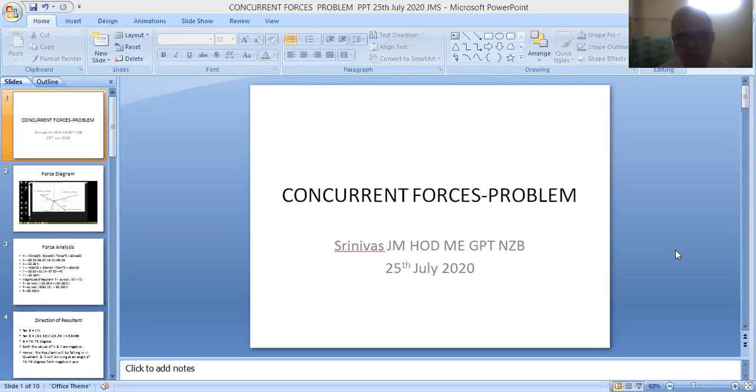That means by applying a force, you can change the position of the body from rest position to moving position. And similarly, by applying force on a moving body, you can change the position from moving position to rest position.